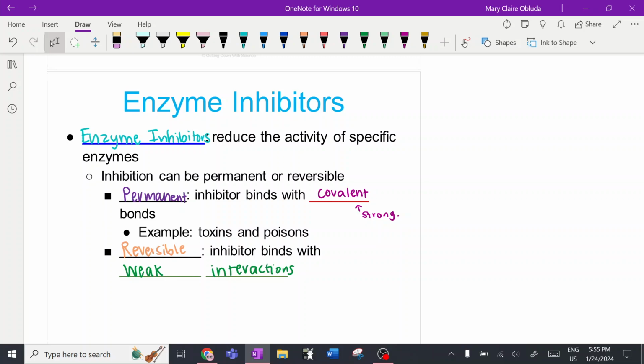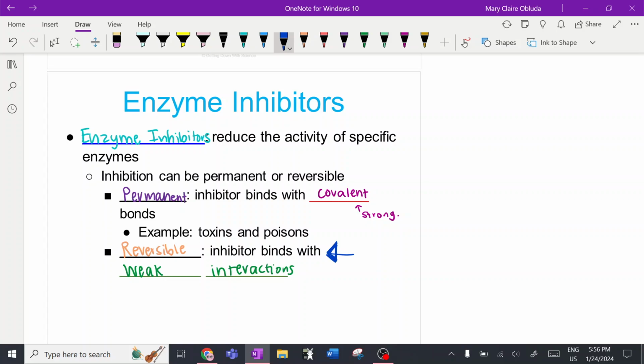So inhibitors prevent the enzyme from making this certain product for a time, to make sure it's only doing its process when needed. Permanent inhibitors, like toxins and poisons, can make the enzyme stop functioning forever. But reversible inhibitors are what our body can regulate when it needs the enzyme to function.